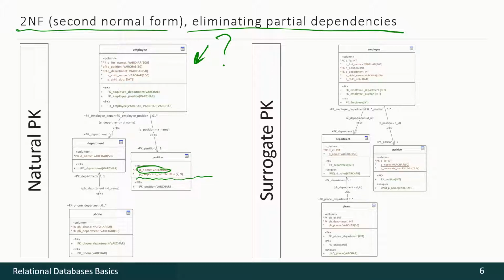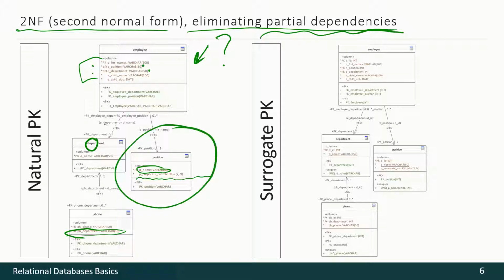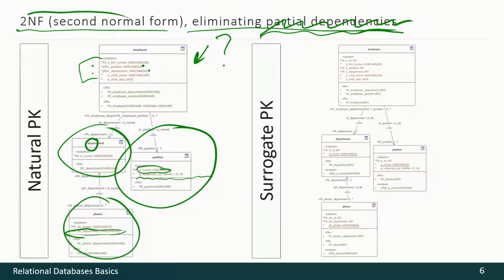The information about department phone is dependent on the department only, but the information about position and the department is stored here in compound primary key. So that information was partially dependent on the primary key, on this part or this part. Once we've moved that information into other relations, we have no partial dependencies here, and the second normal form is achieved.